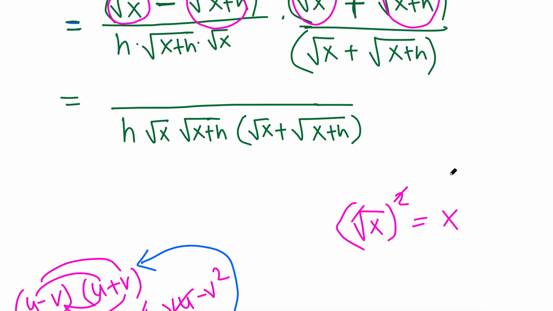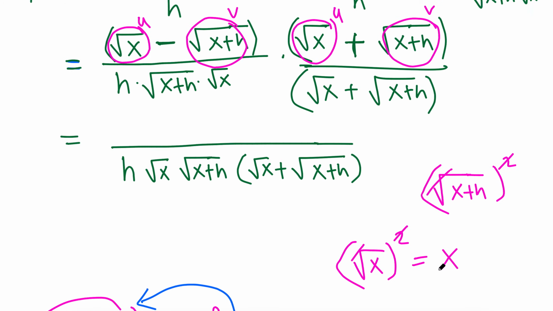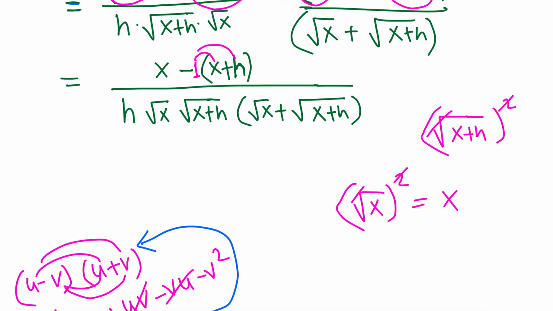And v squared is in fact root x plus h quantity squared, and these cancel. So u squared means just x, minus v squared means x plus h. But remember, this is a quantity, so we must put parentheses around it, and we have a negative sign that needs to be distributed. This negative means -1, and we'll distribute to simplify this.